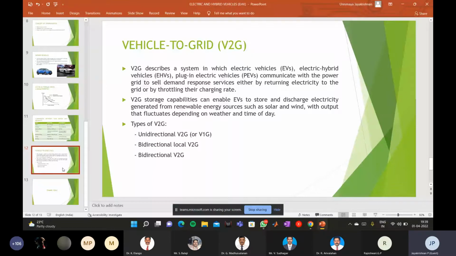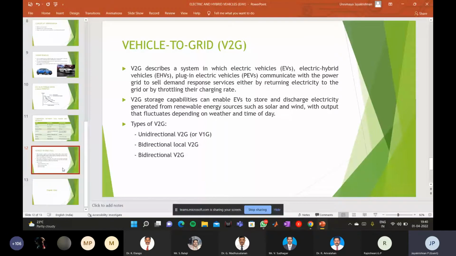This Nexon EV can be charged from any charging station, whether it is Tata Motors or MG charging stations. Any type will suit. So we can first of all plan accordingly, and also there are resorts and hotels which offer slow charging. So while we are staying overnight, we can charge our vehicle fully. So no need to spend extra time for that.